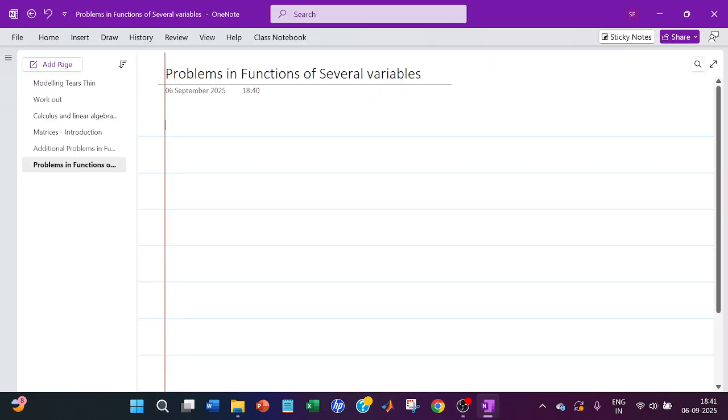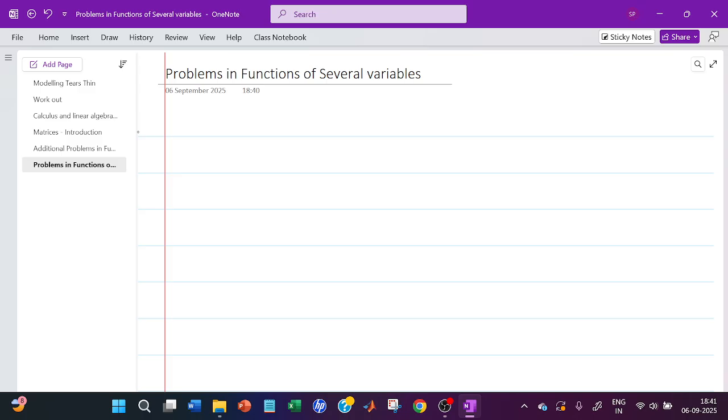Dear students, in the class we are going to discuss problems in functions of several variables. Already we have discussed what is meant by a function of several variables.